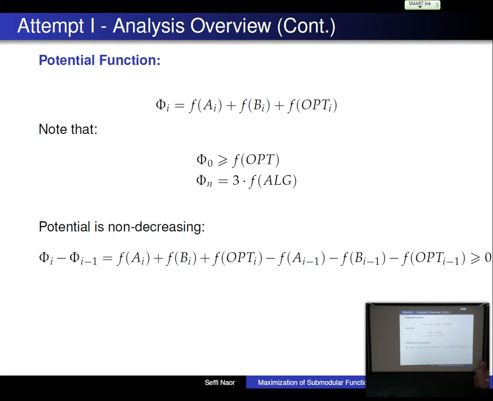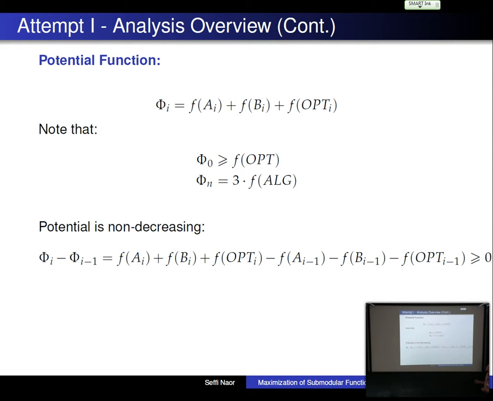Now, the lemma that we had on the previous slide, that bounded the difference between f of opt_i and f of opt_{i-1}, essentially says that the potential does not decrease. If we look at phi_i minus phi_{i-1}, and expand it by the definition of the potential function, say we chose to change A_i, then B_i and B_{i-1} are equal, and they just cancel each other.